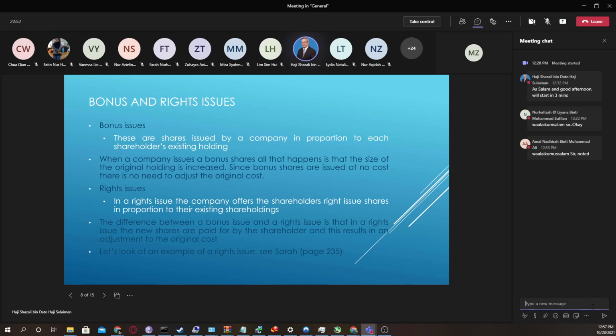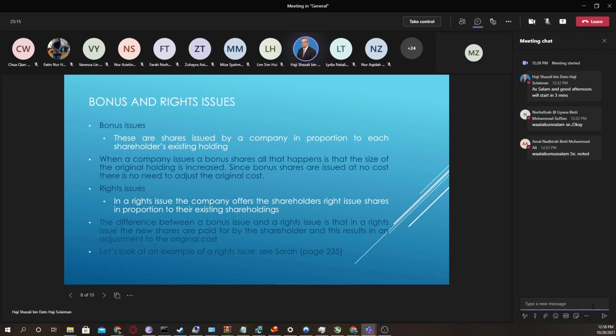There'll be no cost because a bonus issue is issued to shareholders at no cost. Then your cost will be £15,000 with 15,000 shares. Your gain will be £6,000 minus the cost of £2,000, so the gain will be £4,000.